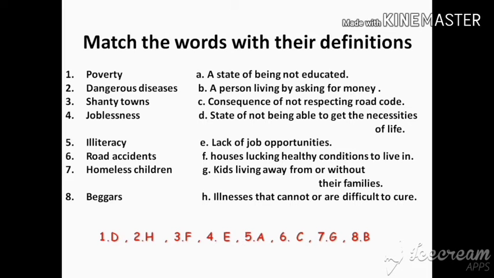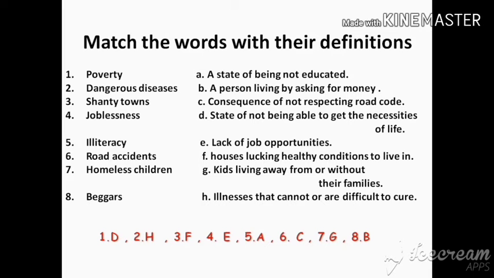Number 3 is F, shanty towns, houses lacking healthy conditions to live in. Number 4 is E, joblessness is lack of job opportunities. Number 5 is A, illiteracy is a state of being not educated.